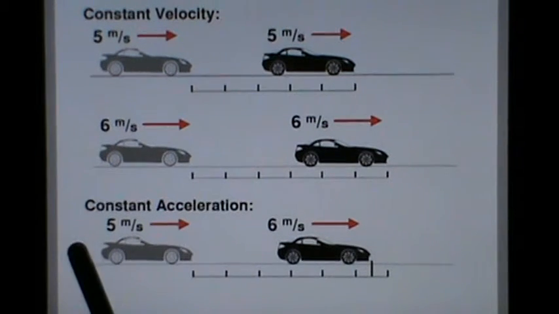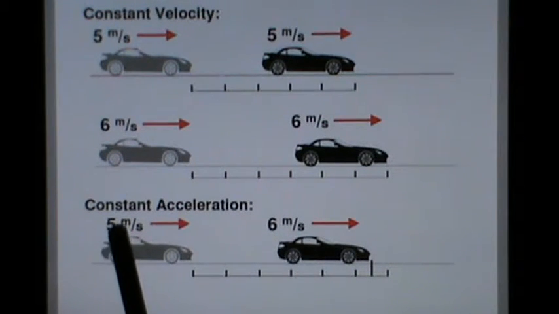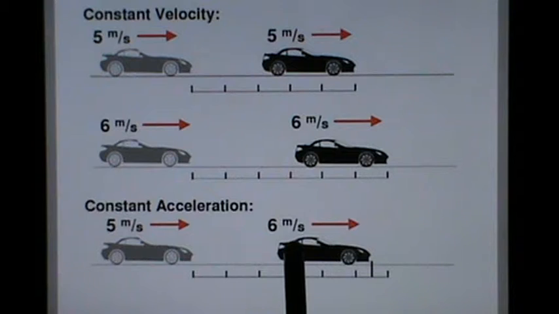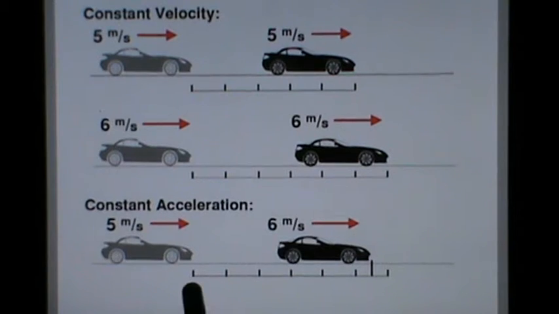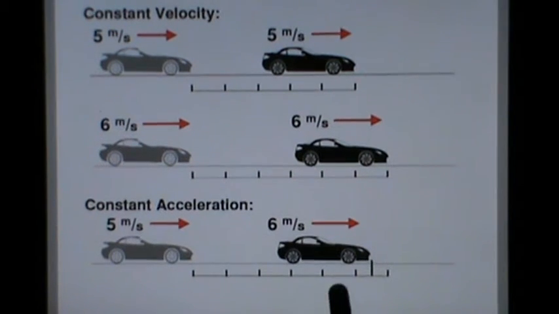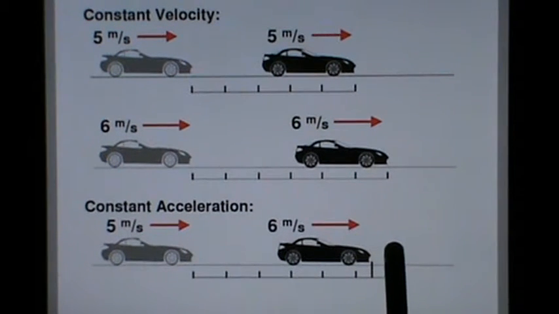Now, let us think about this situation. Imagine that the speed of the car is increasing from 5 meters per second to 6 meters per second. After 1 second, you will surely say that the distance traveled by the car is between 5 and 6. It won't be less than 5 meters or more than 6 meters.